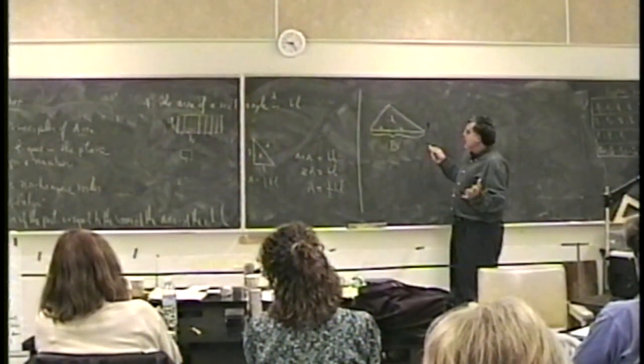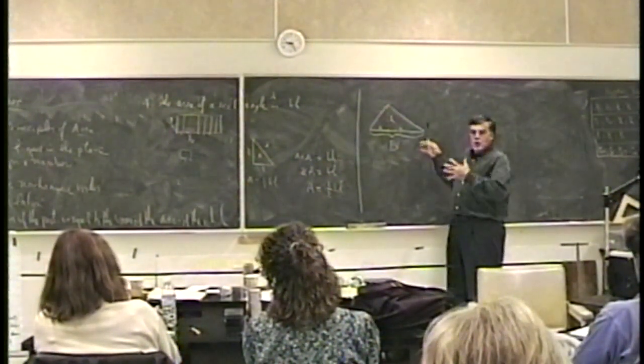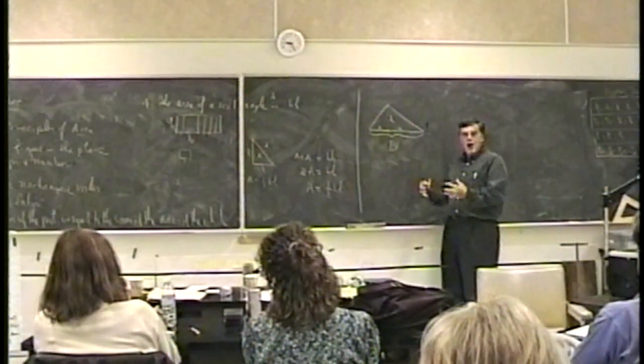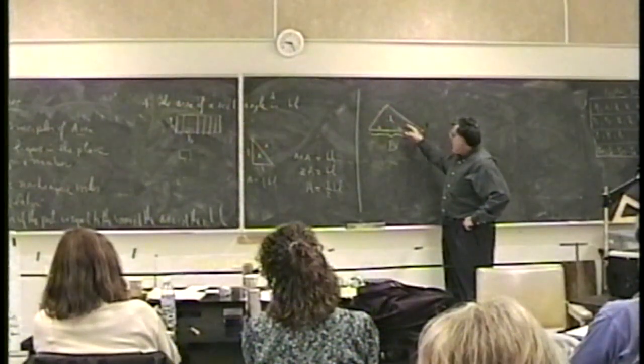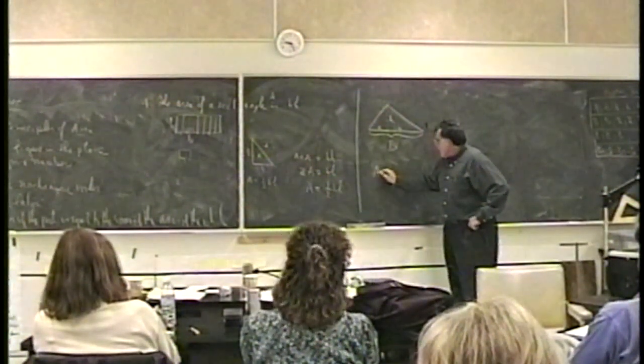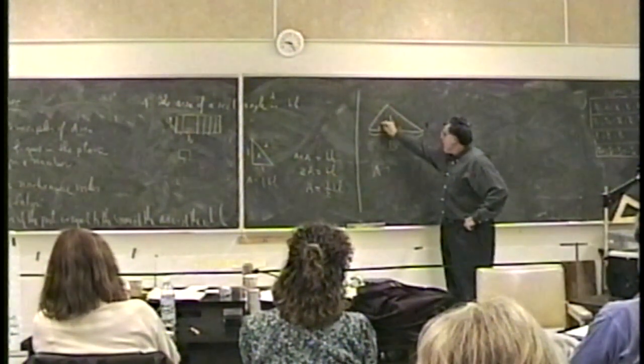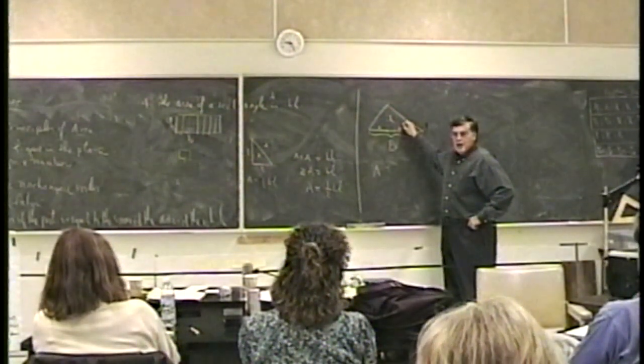Now, from the principle that the area of the whole is the sum of the areas of the things that make it up, which is our intuitive principle, the area of this triangle must be the area of this plus the area of that.